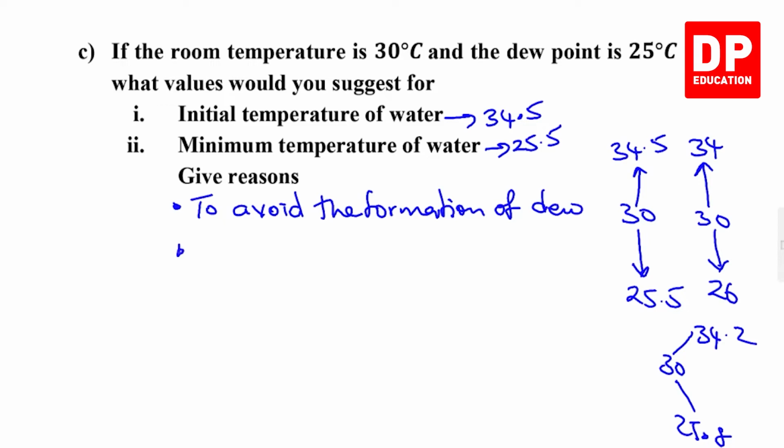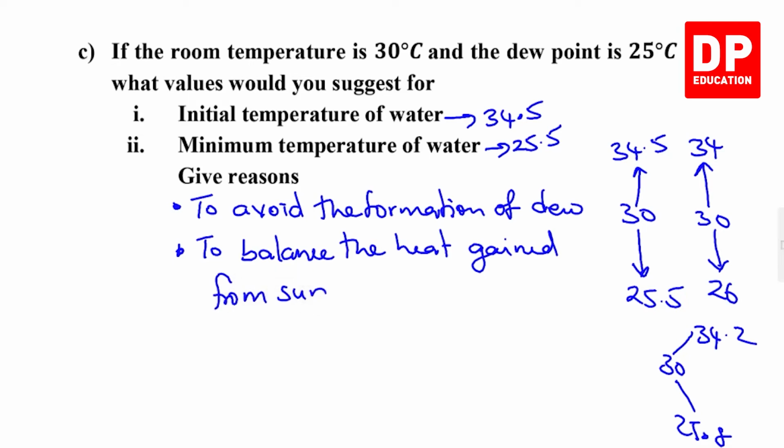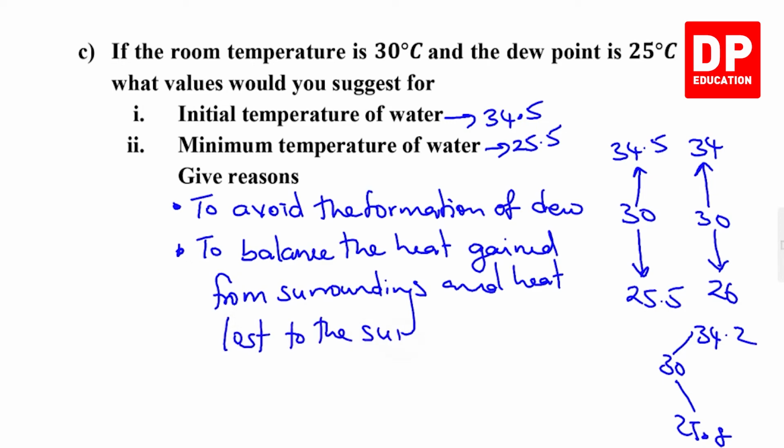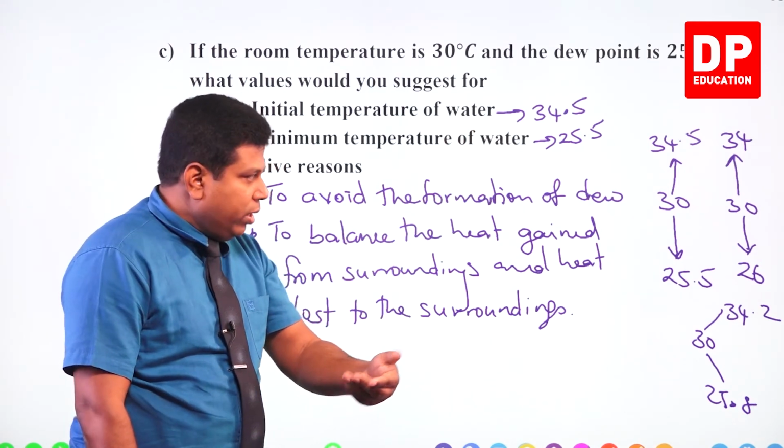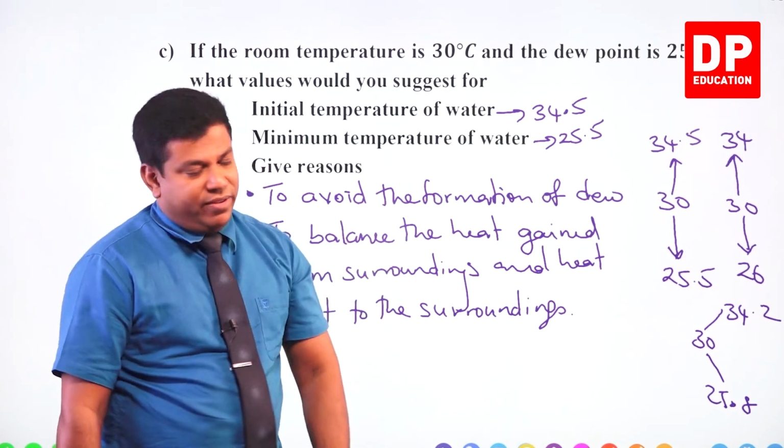The other one, to balance the heat gained from surrounding and heat lost to the surroundings. Clear? Right. So this is why we take 4 degree above, 4 degree below. This is why we did not go below 25.